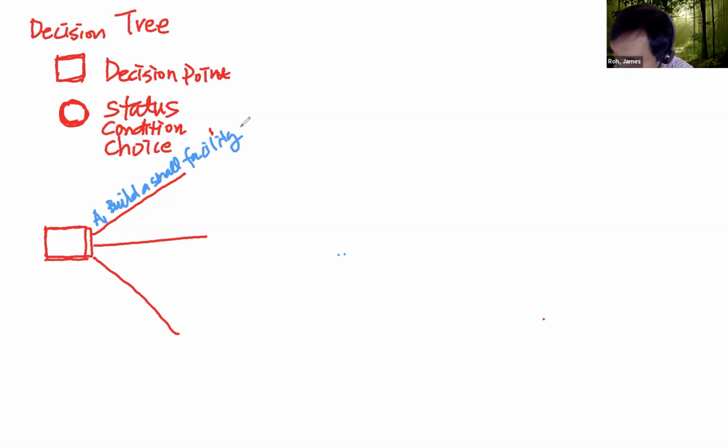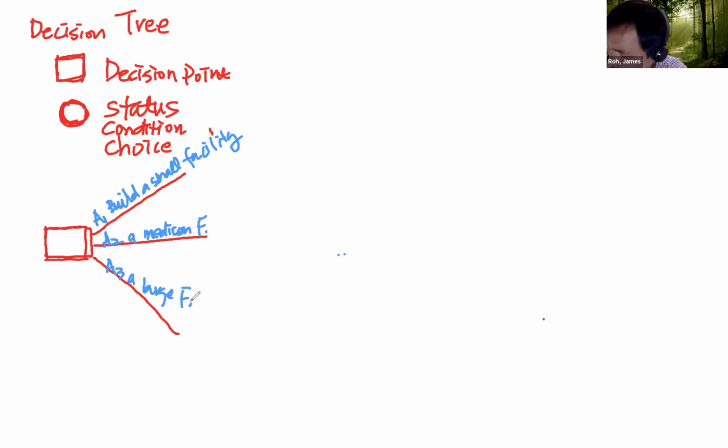And then the next line is A2. That's a medium facility. That was the second alternative. And the third alternative is right here, and that is building a large facility. So you have three alternatives.